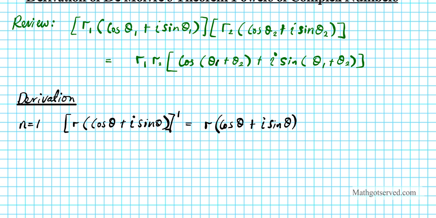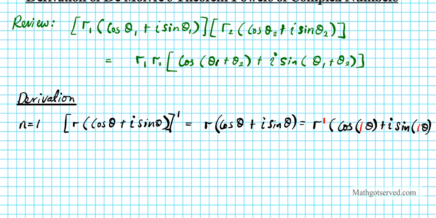Okay, all right, so how can we express this to see the effect that n equals 1 has on this result? Well, we can write it in this format: r to the first power times cosine of 1 times theta, plus i sine of 1 times theta.